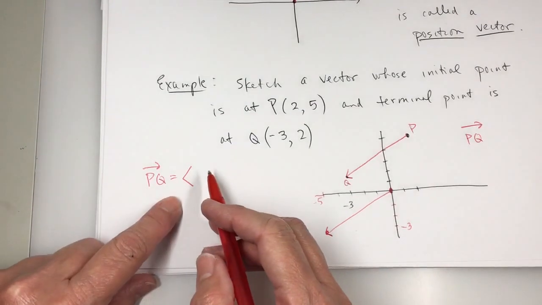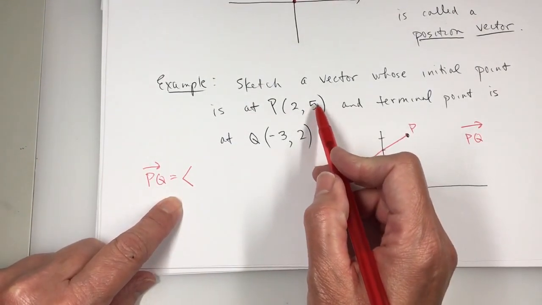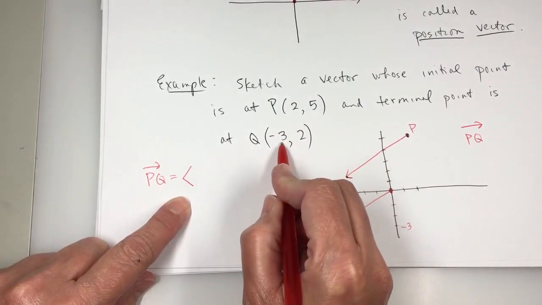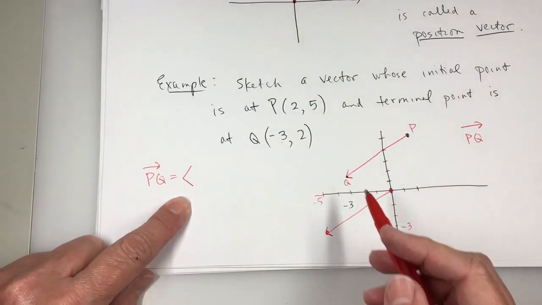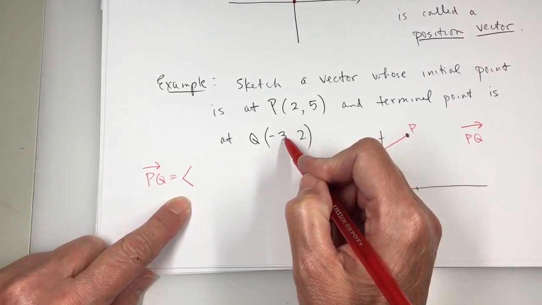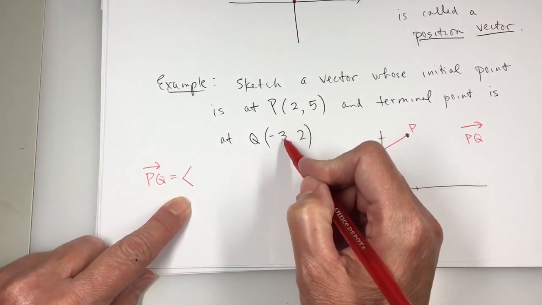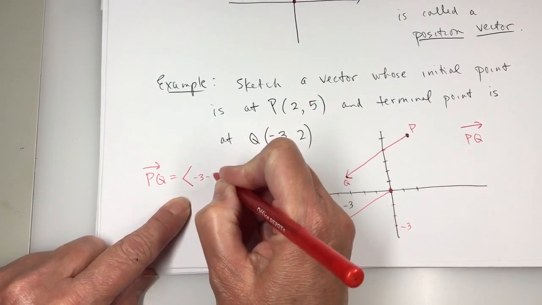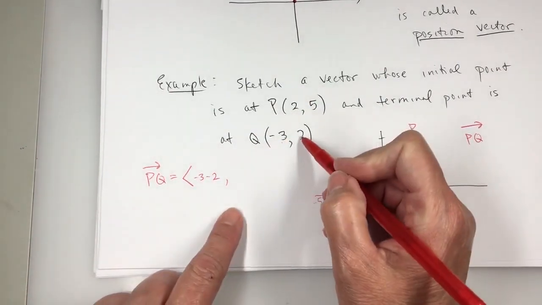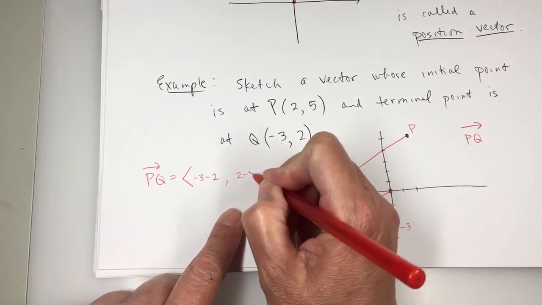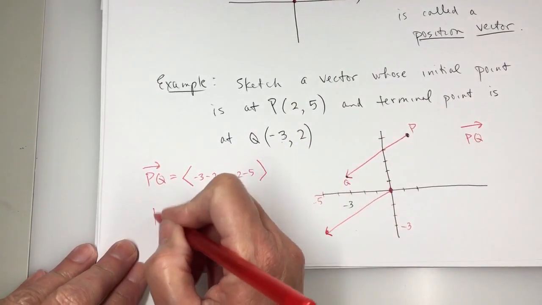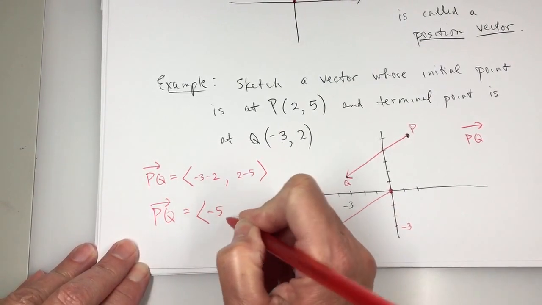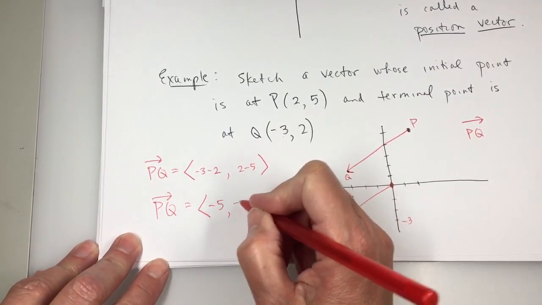And so vector PQ, isn't it this? It's going to be tip minus tail, Q minus P: -3 minus 2, and then 2 minus 5. So vector PQ, this is the position vector for PQ, is <-5, -3>.